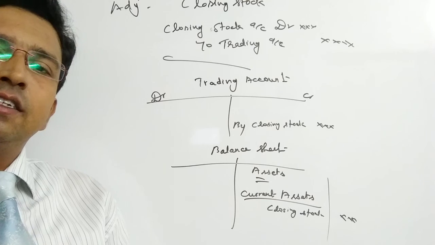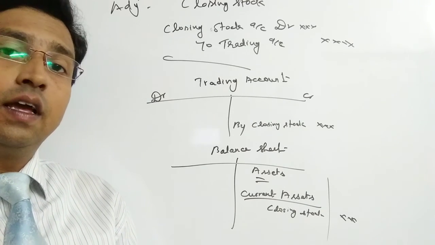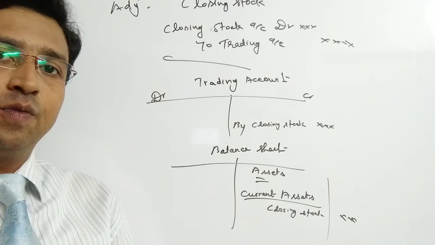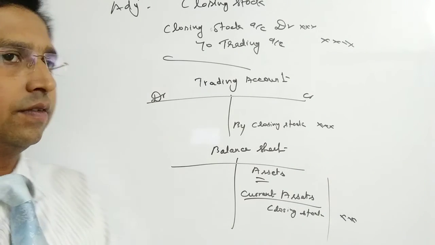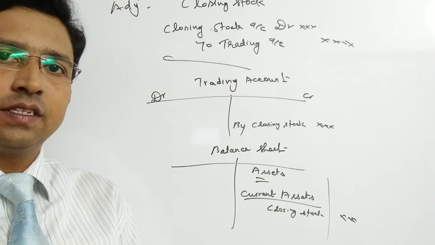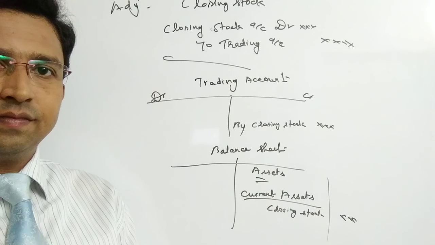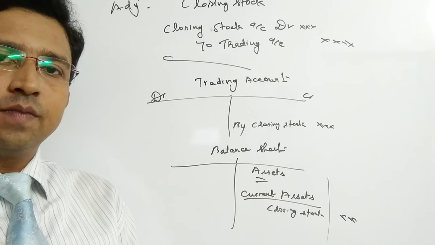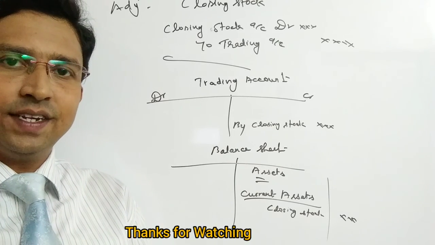If the net realizable value is lesser than the cost value, then the net realizable value would be taken into account. That would be the closing stock value. Whichever is lower would be taken into account. I hope you got some basic idea about how to treat the closing stock adjustment.